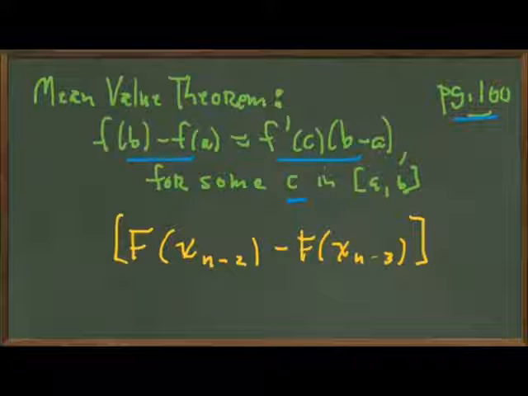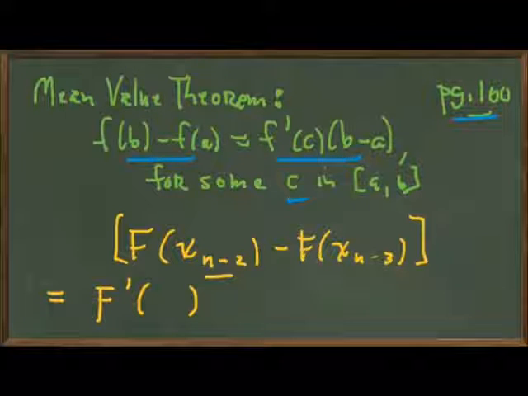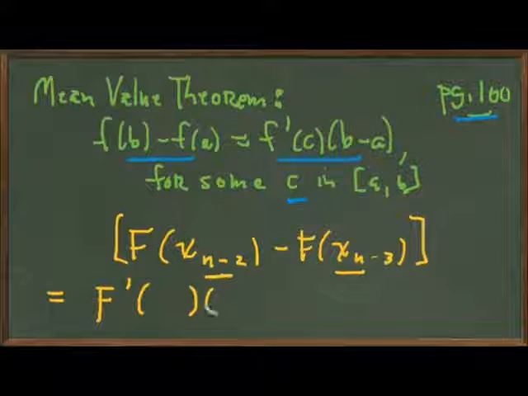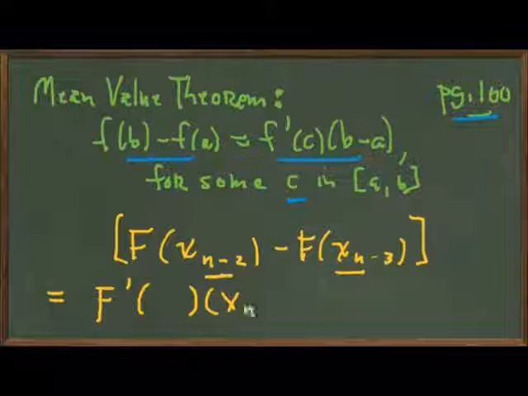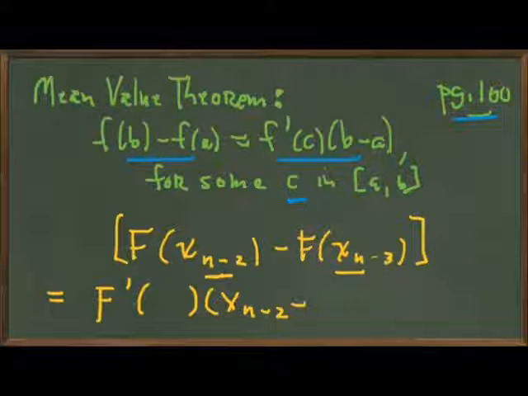So I've just picked one of them out, arbitrarily, f of x of n minus 2 minus f of x of n minus 3, and using the mean value theorem we can say that that's equal to the derivative of this function, so that's capital F prime, at some value between here and here, times the difference of those two values, x sub n minus 2 minus x sub n minus 3.